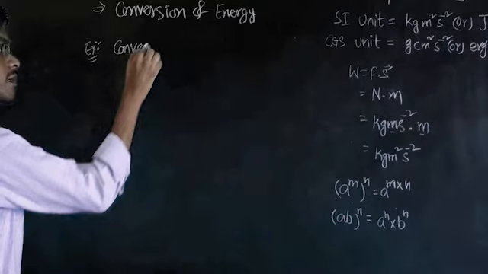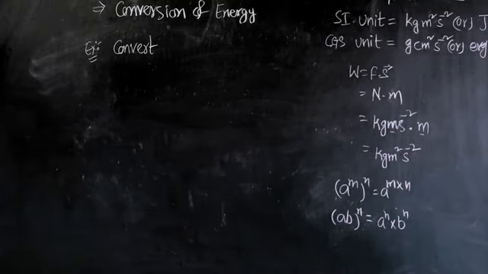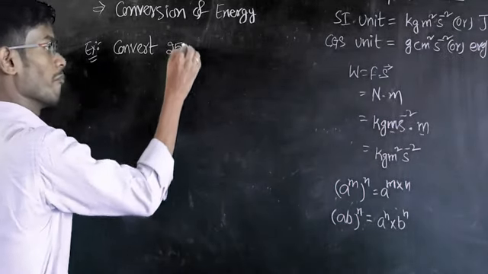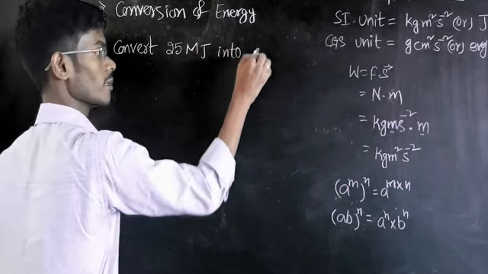Example: convert 25 megajoule into erg. What we are doing is converting from SI to CGS unit. The SI unit of energy is joule and the CGS unit of energy is erg.